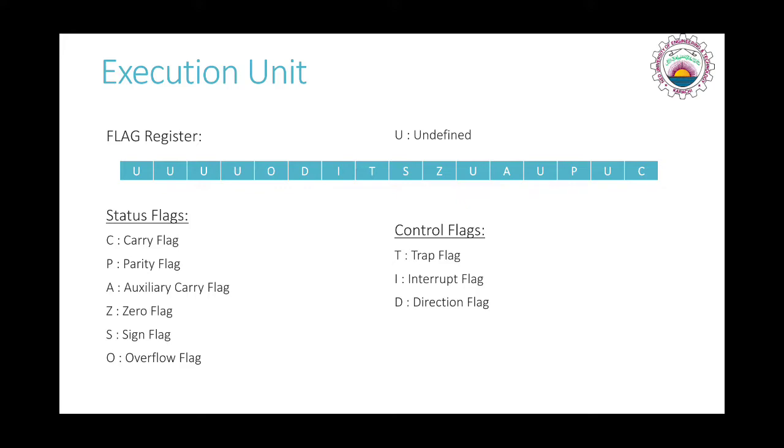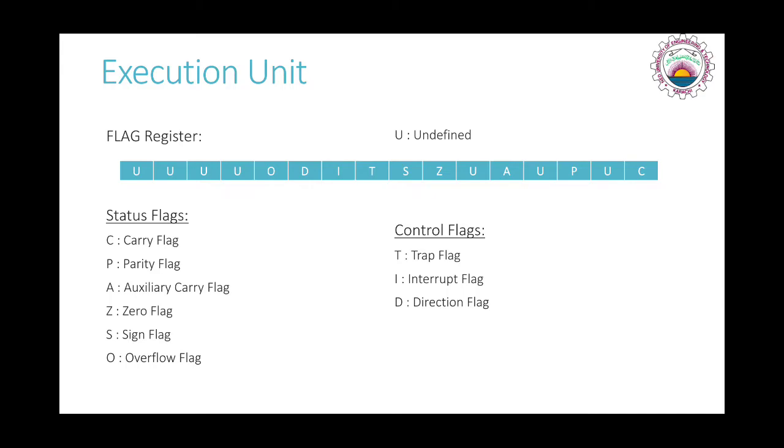Otherwise, if there is no carry generated from bit number 3 to 4 in case of addition, or if you have not taken borrow from bit number 4 to 3 during subtraction, then auxiliary carry will be having logic 0.